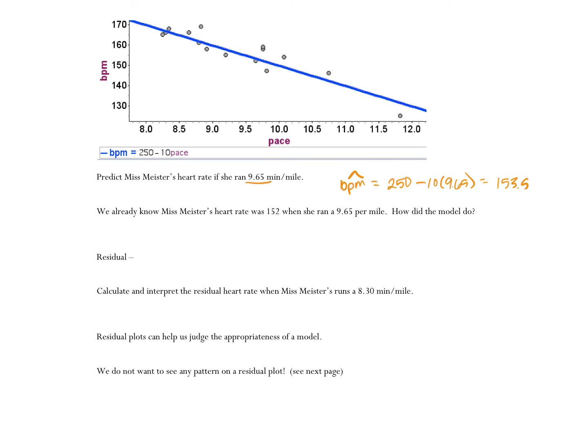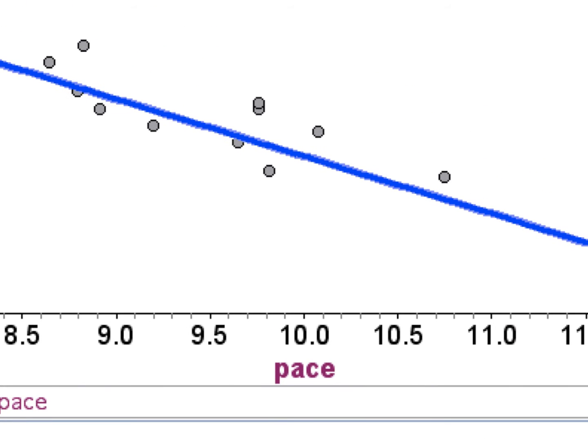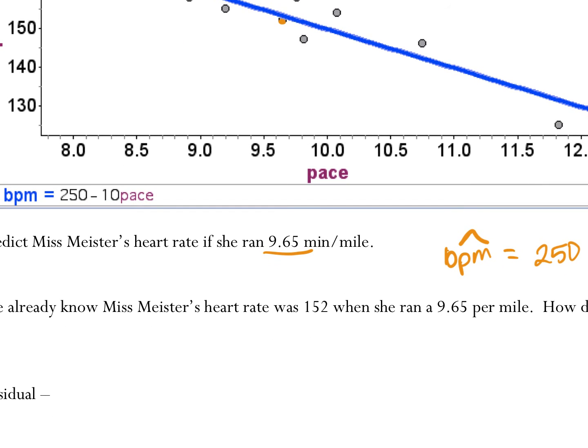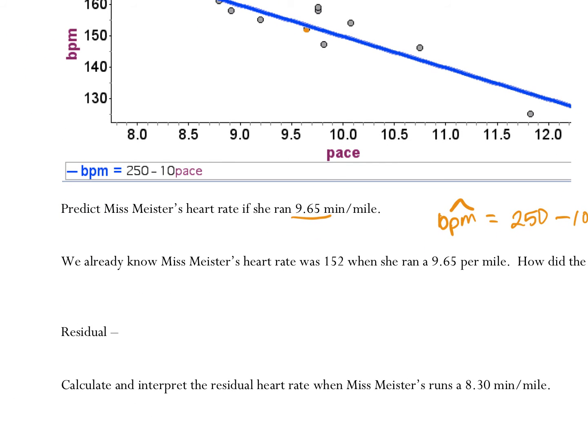We could even take a look. That's this point, yeah? So how does this point compare to the line? Below it, it is lower than the line. And the line is the prediction, yes? So from just the picture itself, we might say the model over-predicted.